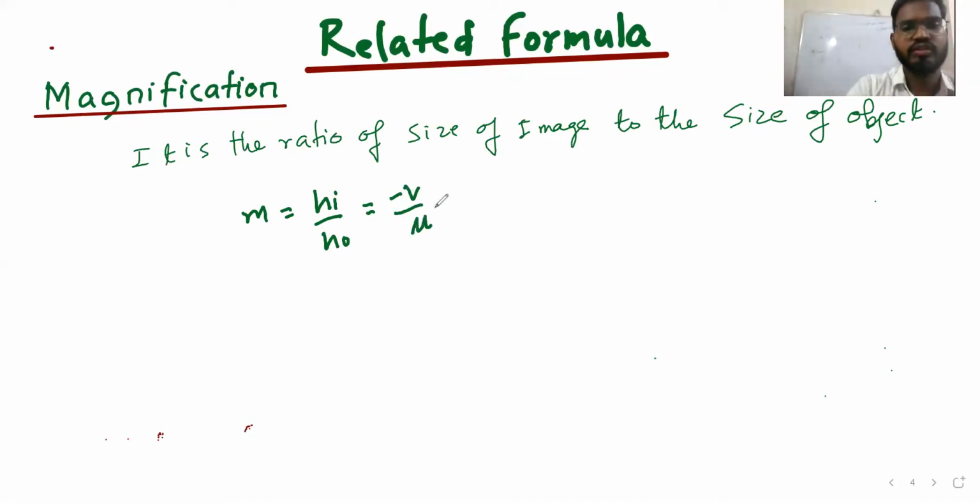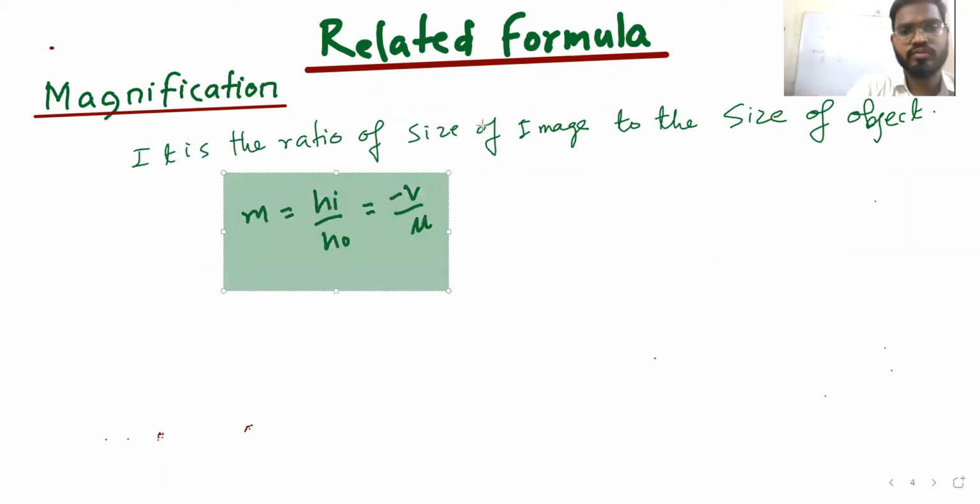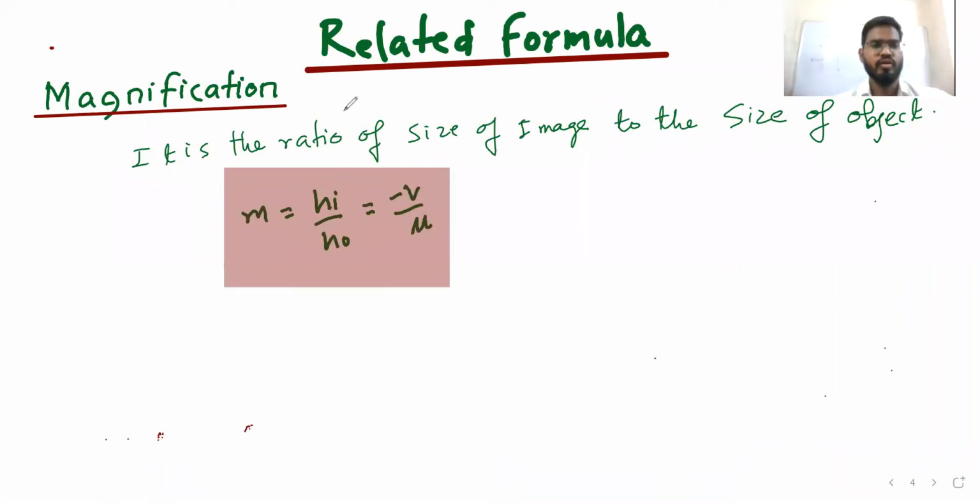That is the magnification formula. It is the ratio of size of image to the size of object. Magnification is hi by ho, or minus v by u. What is hi here?